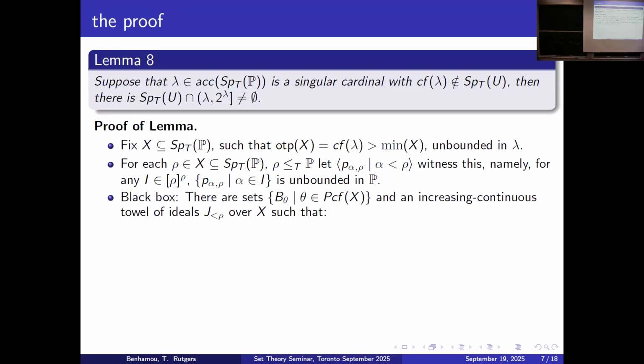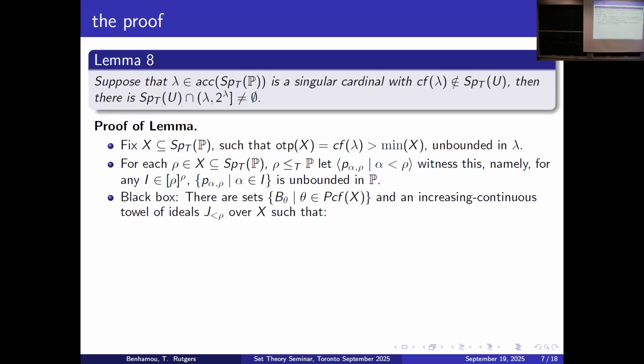So it's not the same rho as above, but let me write it here: J less than tau, where tau is any cardinal. And we have these sets B theta, where theta is something in the PCF of X.